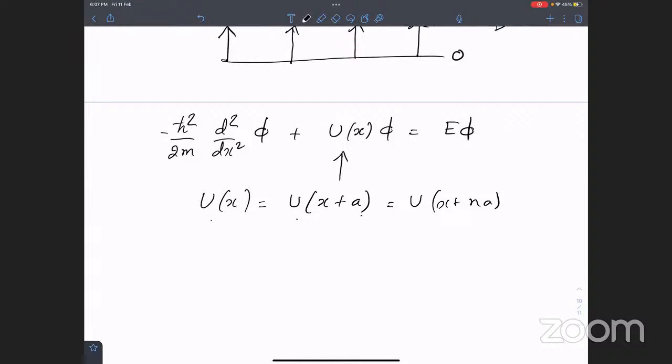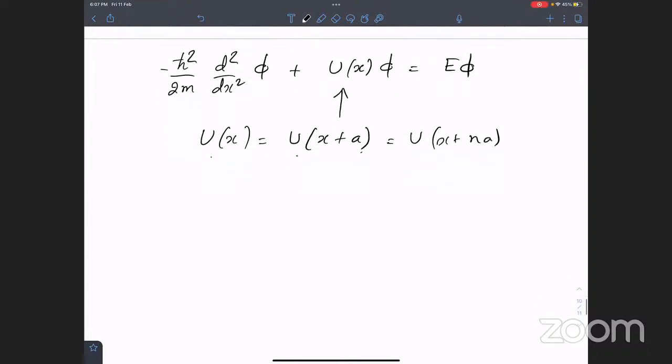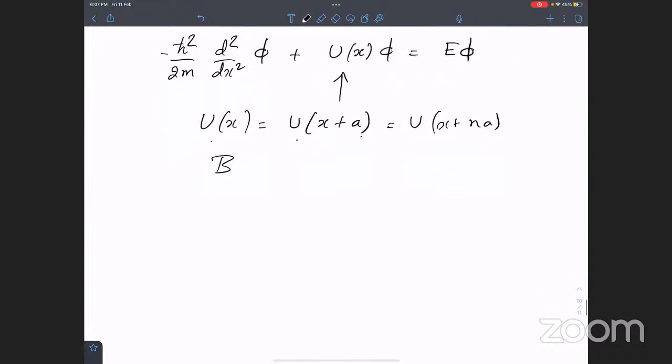We're not going to do this, but there is a very smart mathematician who actually did this. He considered the solution of differential equations when the potential is periodic. You might have heard of this guy. His name was Brillouin, right? So you might have heard of the Brillouin zone and so on.